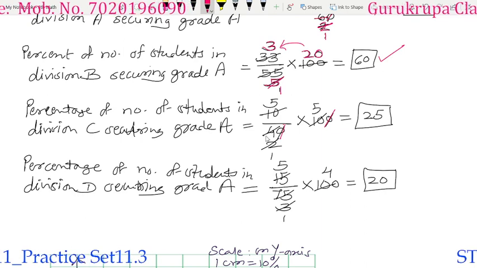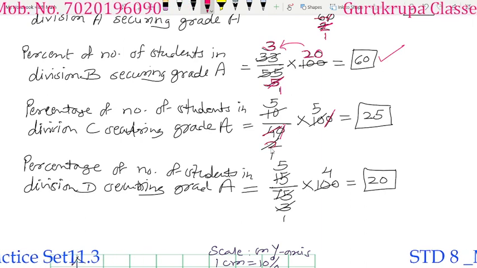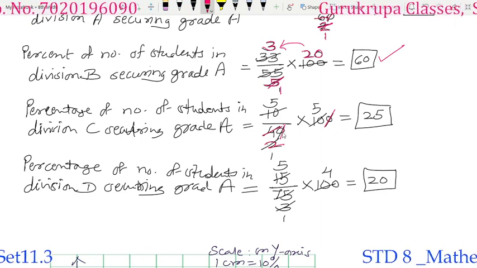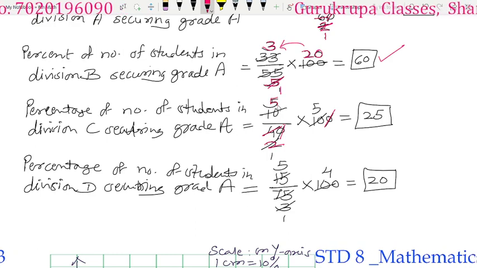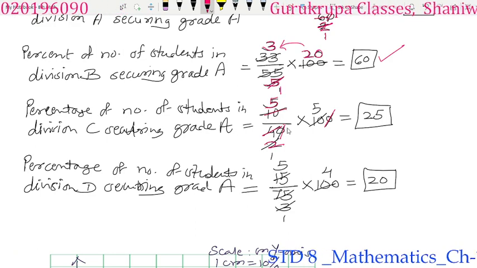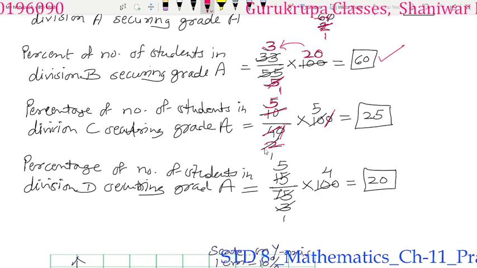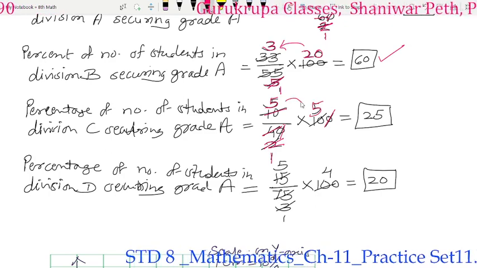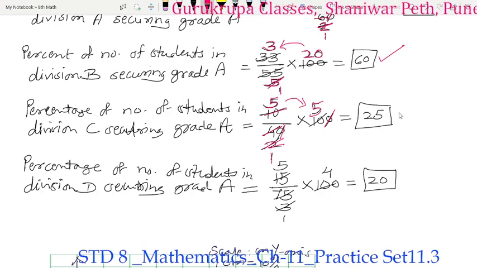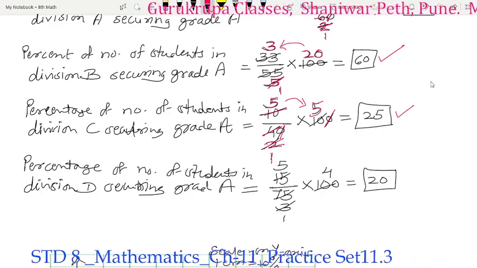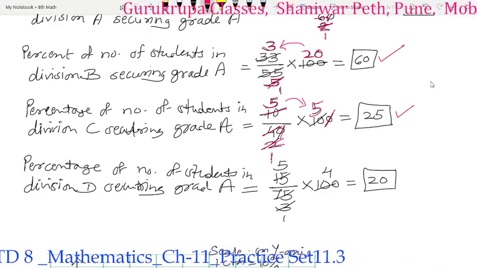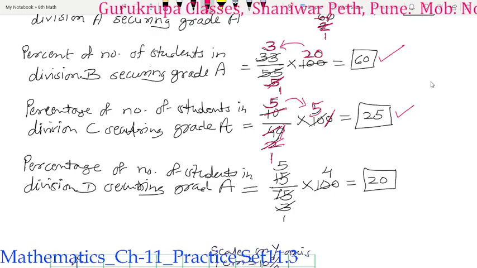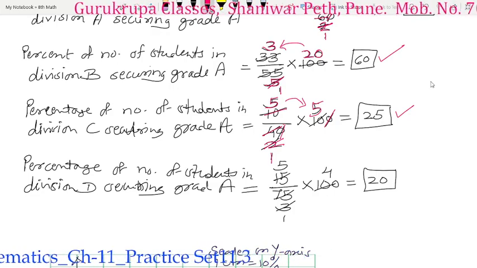Now 4 and 10 are multiples of 2: 2 twos are 4, 2 fives are 10. So we get 5. Again 2 and 10: 2 ones are 2, 2 fives are 10. So 5 into 5, which gives 25. So 25% of students in division C secured A grade.